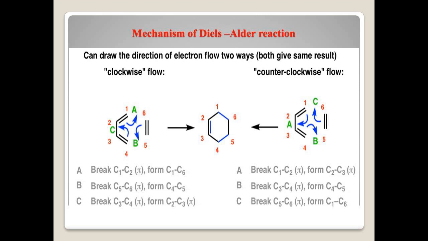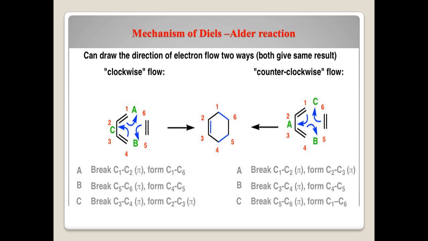That is mentioned for A. Next, for B, break carbon 3 and carbon 4, the double bond having one pi bond, that pi bond breaks and forms a newly formed sigma bond between carbon 4 and carbon 5.